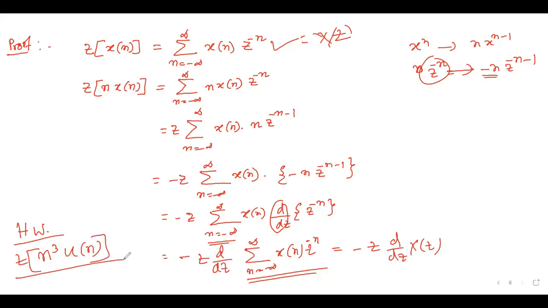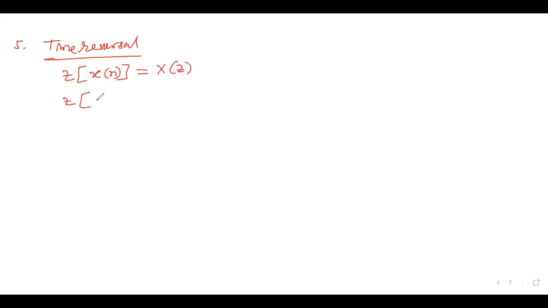All right, now property 4, the time reversal property. It states that if the z transform of x[n] is X(z), now you reverse the signal, that is, the z transform of x[-n] is equal to X(z inverse).